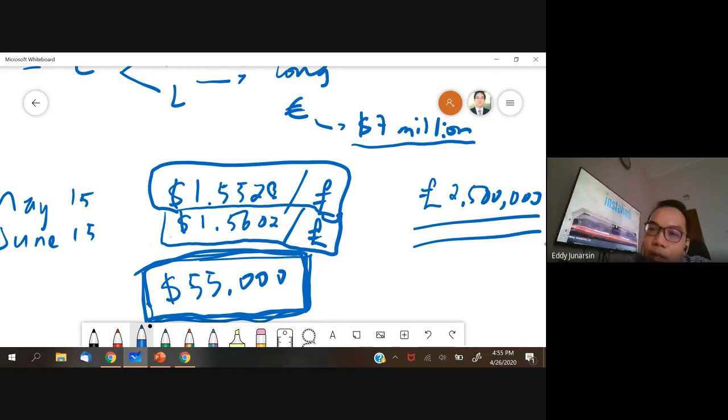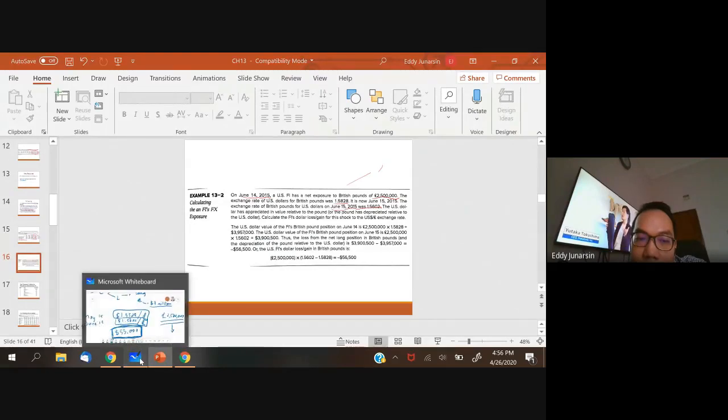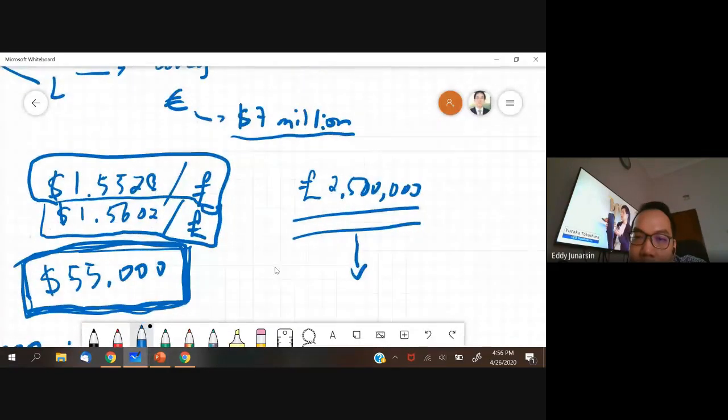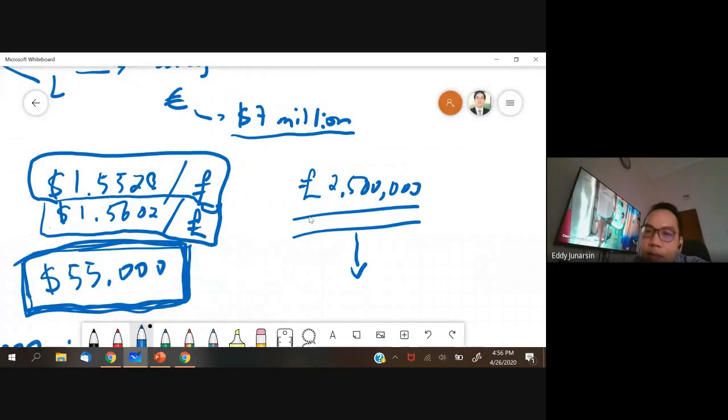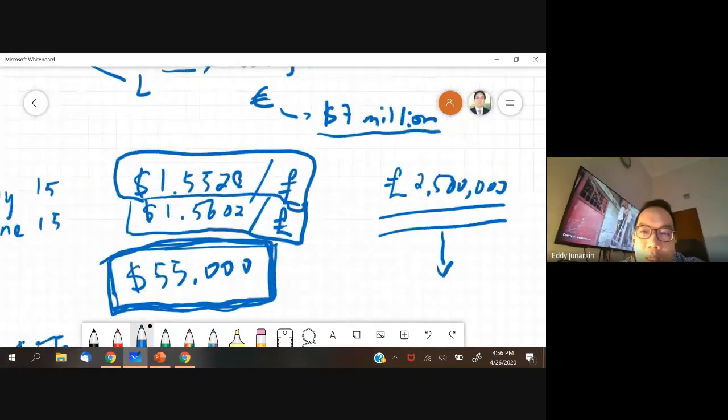So net exposure, right? So if you have an exposure of 2.5 million, let's say this is your liability, well knowing that the pound has appreciated in value, then actually you will lose something, right?